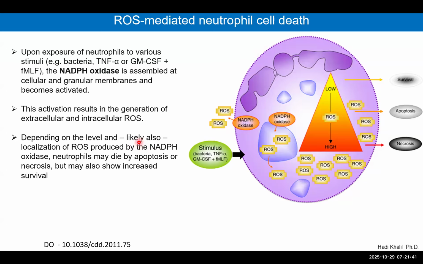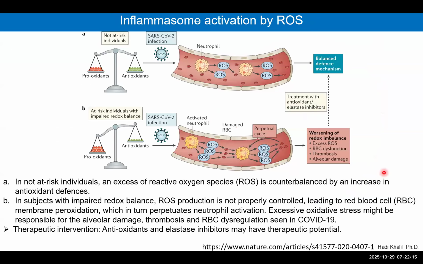So depending on the level, likely also the localization of the reactive oxygen species by the NADPH oxidase, the neutrophil may die due to apoptosis, necrosis, but may also show increased survival, depending on the level there. So that's how a molecular event turns out to a cellular outcome. You could see that this neutrophil arrived there at the site of injury and reacted to that site of injury.